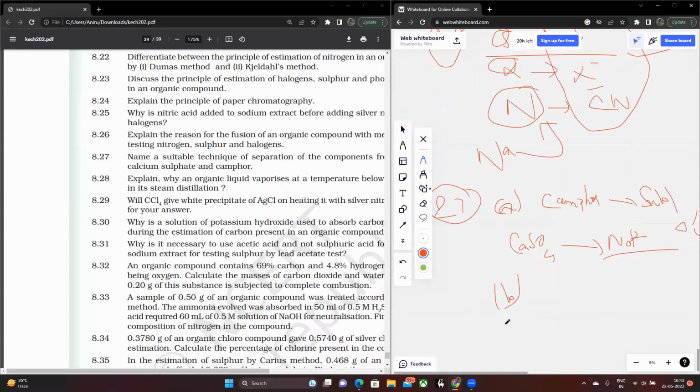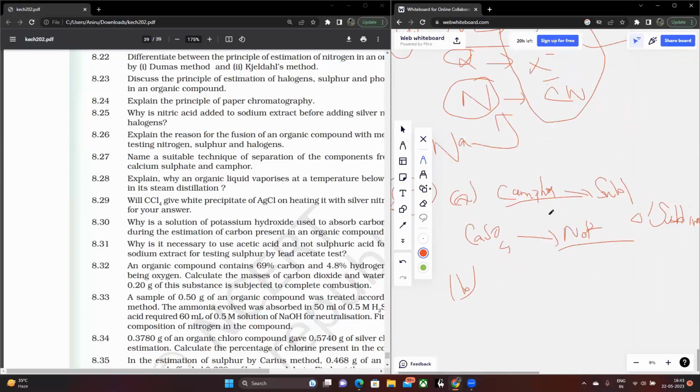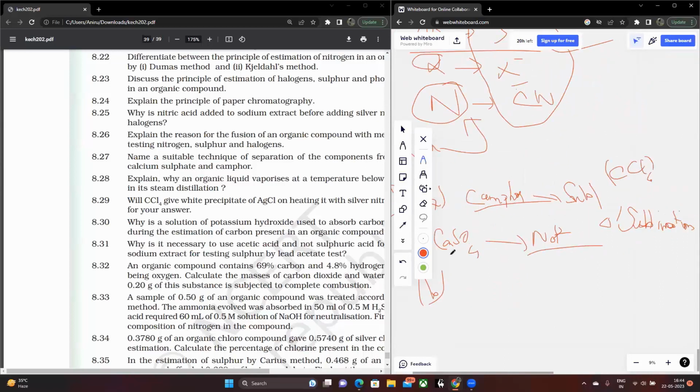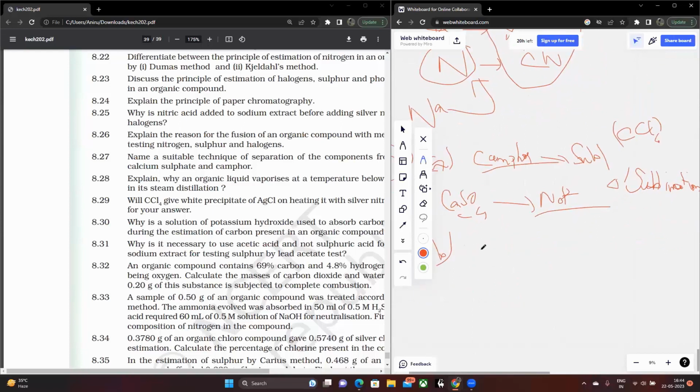Method B is that you notice that camphor is soluble in organic solvents like CCl4, right? But calcium sulfate is not. Therefore, dissolve the mixture in CCl4.